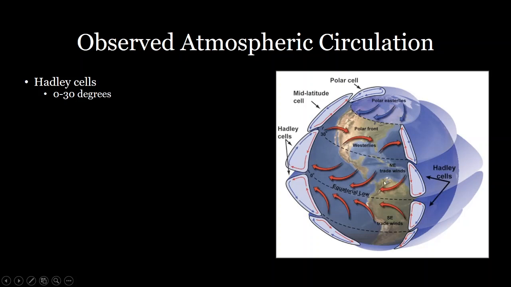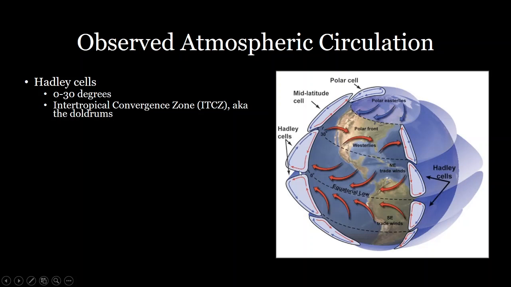That cell is caused by the same process, where you have the sun heating up the area near the equator, causing a low pressure system, which moves air upwards near the equator, and then outwards in the upper atmosphere, and is drawn in the lower atmosphere.